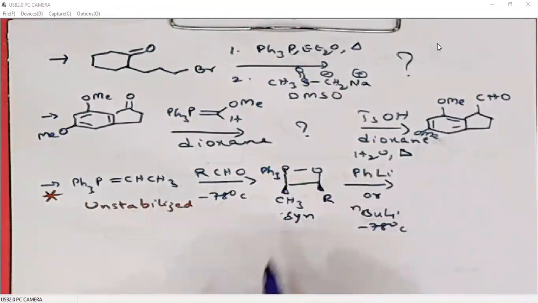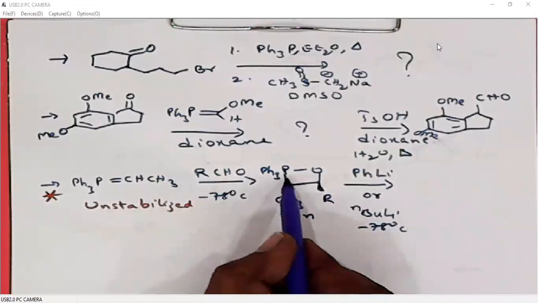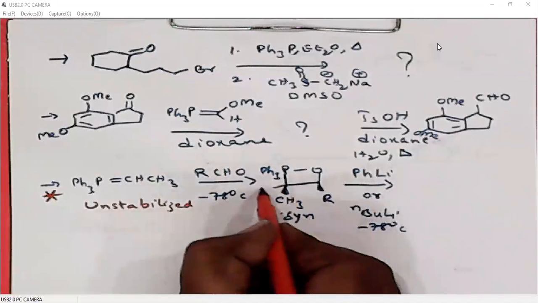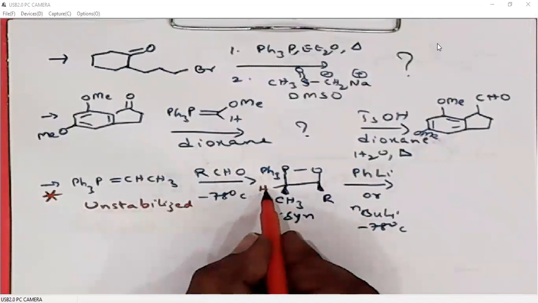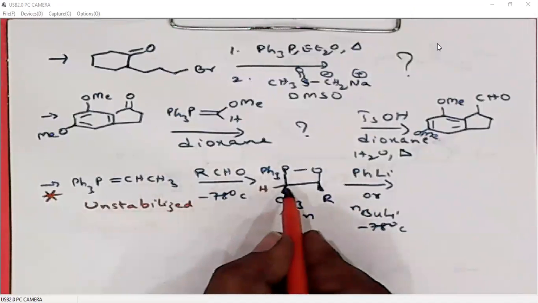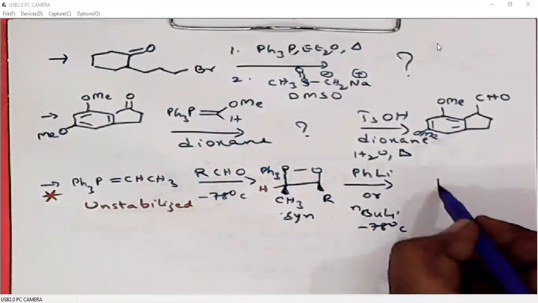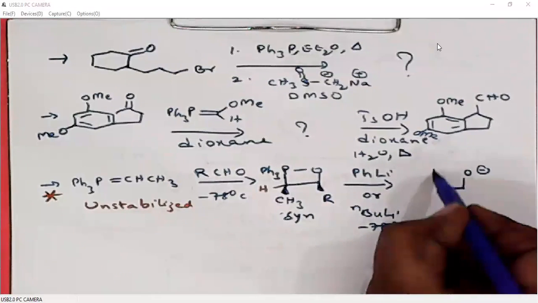Generally, it picks up a proton from this carbon. 1, 2, 3. The fourth bond was there. So alkyl lithium will pick up this proton, so it generates an anion here. Because of this, the oxaphosphetane ring will be opened.